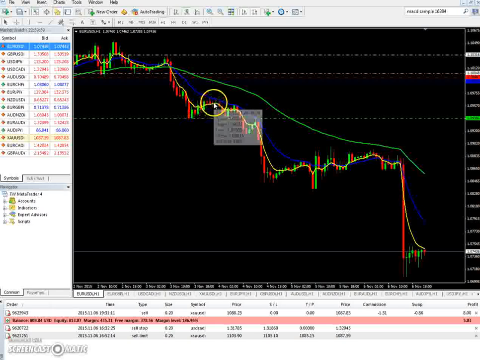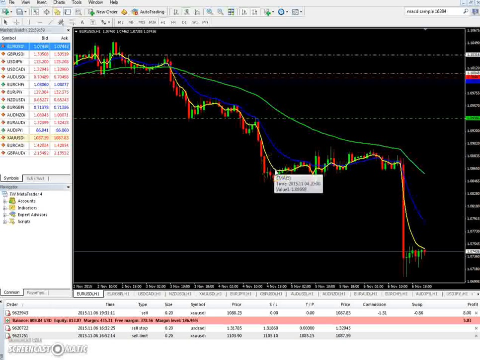Even though it went up a little bit, these lines, this 5 and this 15, never touched. They never crossed, in other words, to signal an uptrend. It may not have been a strong uptrend, but it never crossed to signal one. It came close, but then it continued on down further.